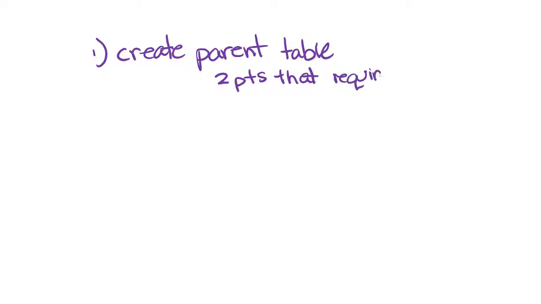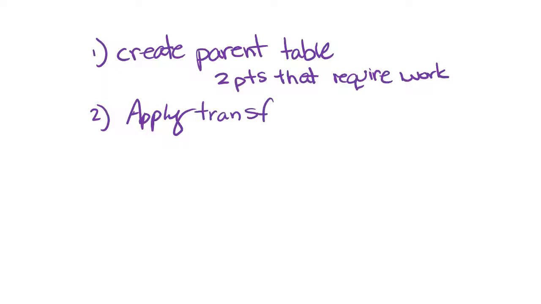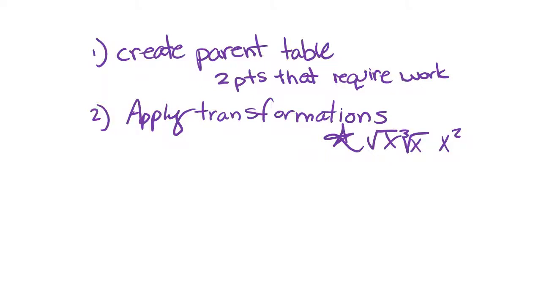The rest should be quick math. Okay, then we apply transformations. All the moves that we've always done to our tables. This is going to be the same as our square roots, cubed roots, quadratics, and many other functions we're going to explore.